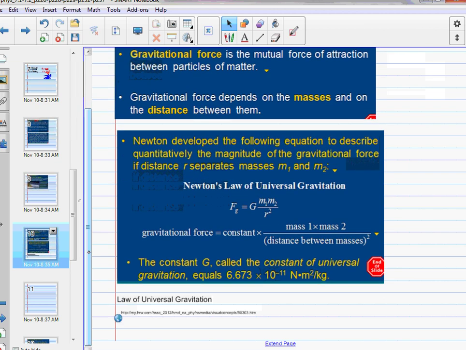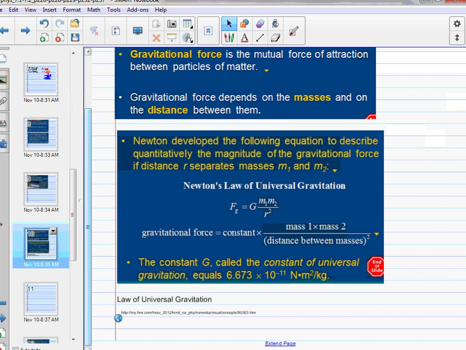Newton, hey, that guy again, developed the following equation that describes quantitatively, so you get the numbers, the magnitude of the gravitational force if the distance r separates mass 1 and mass 2. So this really works for any two masses. It doesn't just have to be like the Earth and the Moon. It works for any two masses.